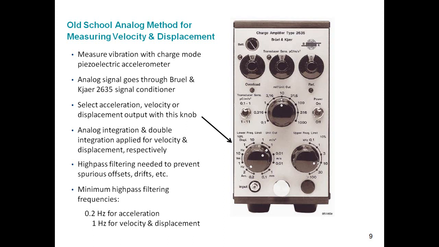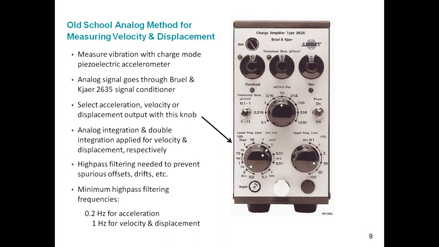And this has all sorts of knobs and buttons on it for dialing in the sensitivity of the sensor. And on the bottom left-hand corner, there's a knob. Using this knob, the output can be set to either acceleration or velocity or displacement.